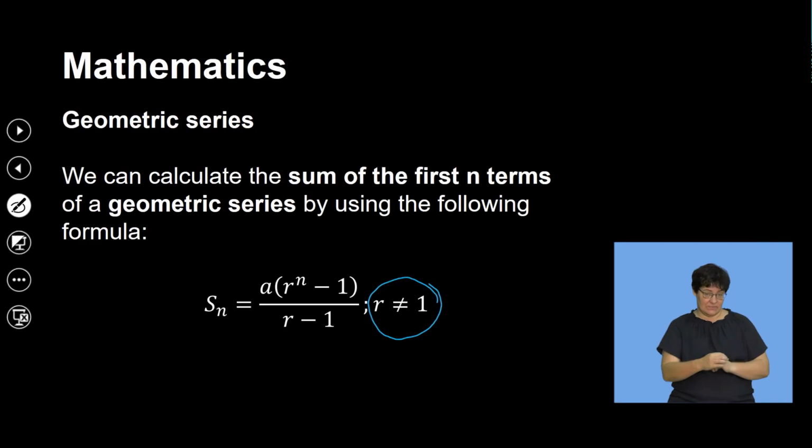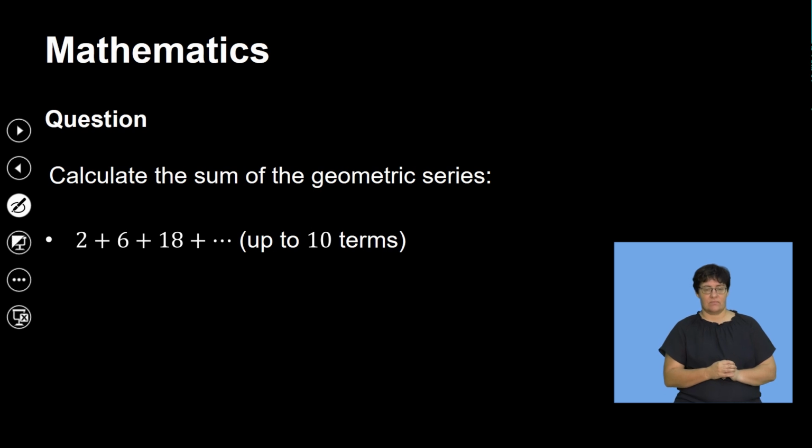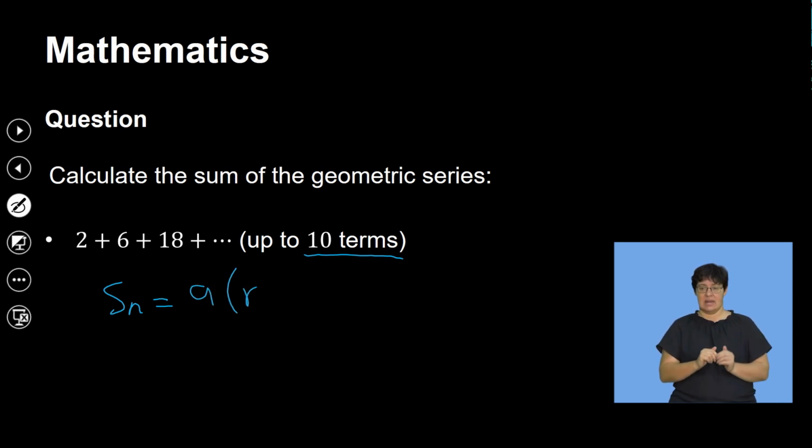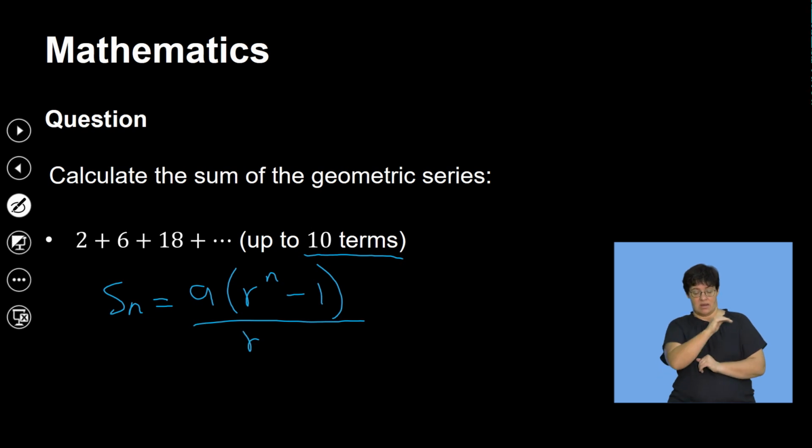So now we also have some questions that you can do here. It says calculate the sum of the geometric series. The sum of the geometric series up to how many terms? 10 of them, right? So I said to you the formula will be Sn is equal to a into r to the n minus 1 all over r minus 1.